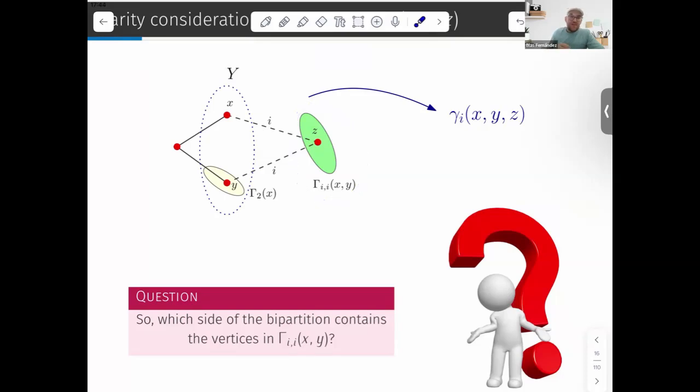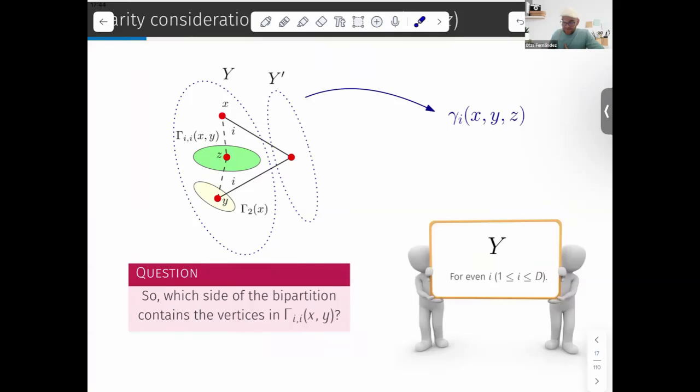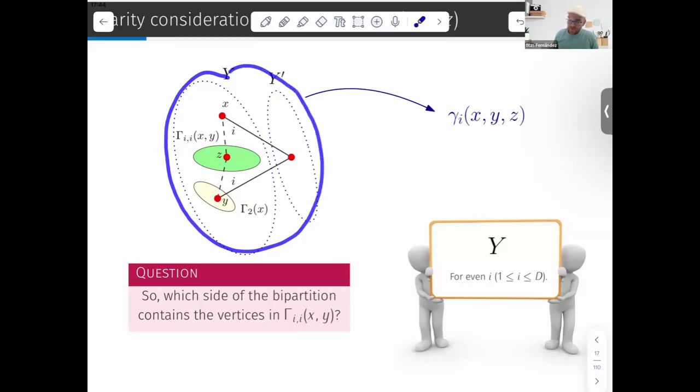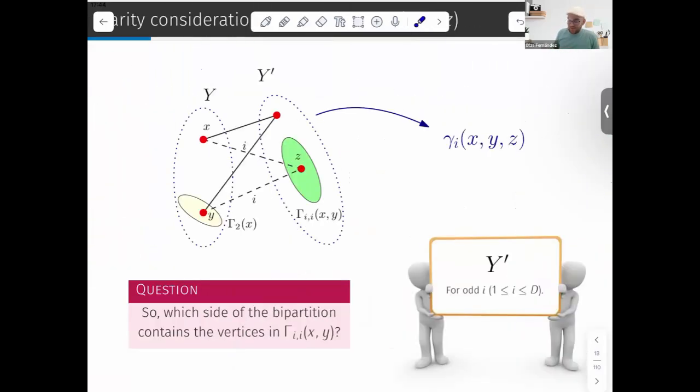It is in Y or it is in Y prime. It is easy to see that this set is in Y whenever i is even. And if i is odd, then this set is in the other partition, Y prime.